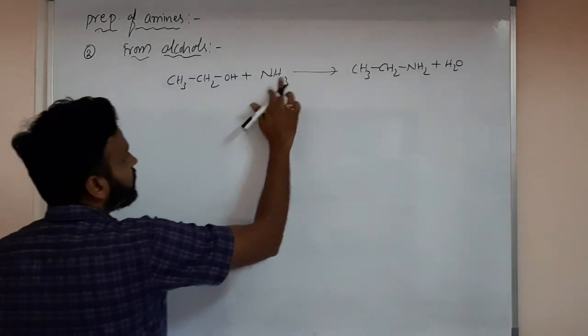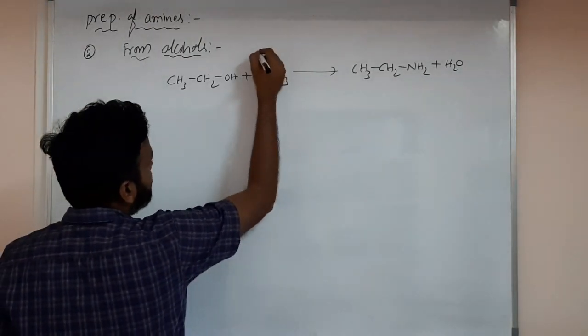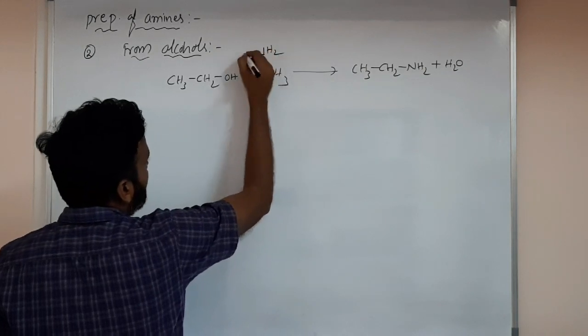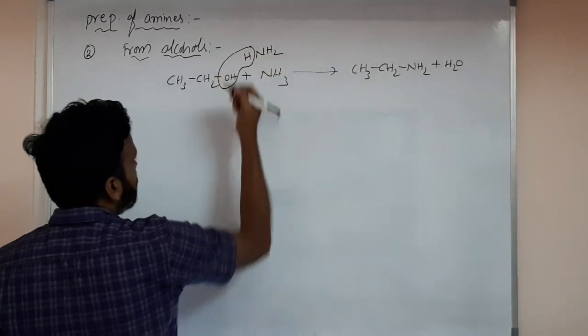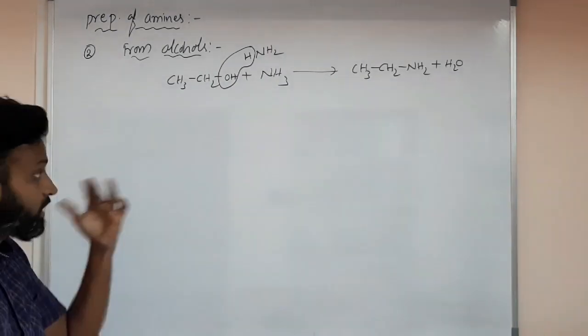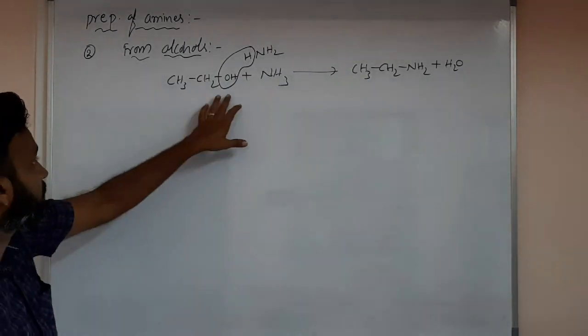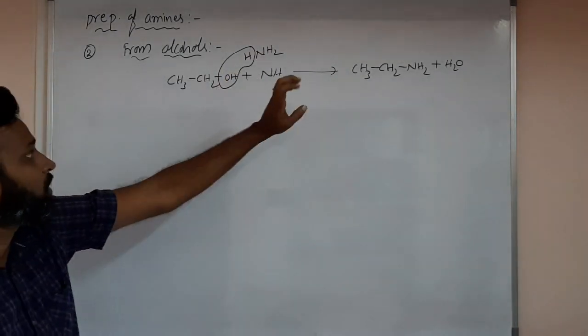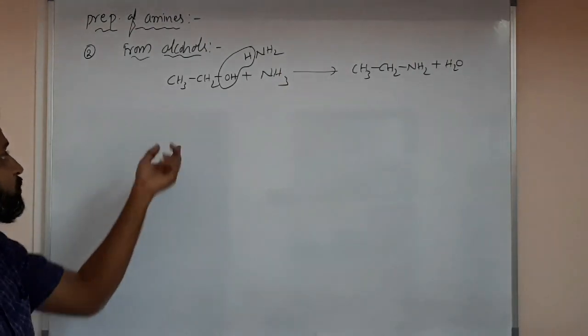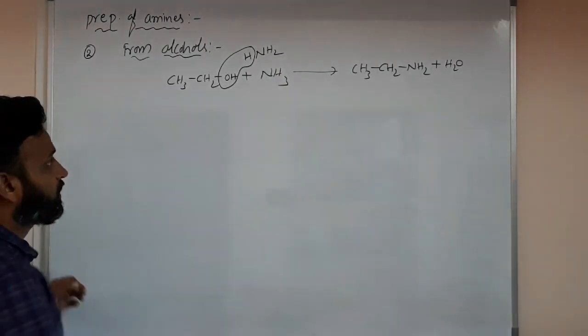Got it, sir? So what happens here? NH3 means NH2 and H. As I said, water is lost: OH minus and H plus go, water gone, leaving NH2.